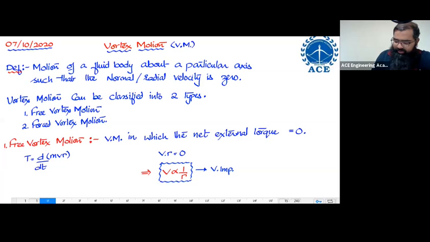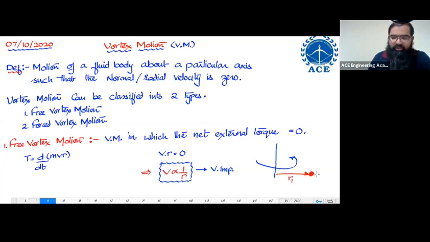What do I mean by this thing? The meaning of this thing is, imagine that you are having a particular axis. And you are having some fluid body which is rotating about this particular axis. Now, if I take two particles, let us say I take a particular particle at some distance r1. I'm choosing a fluid element over here.